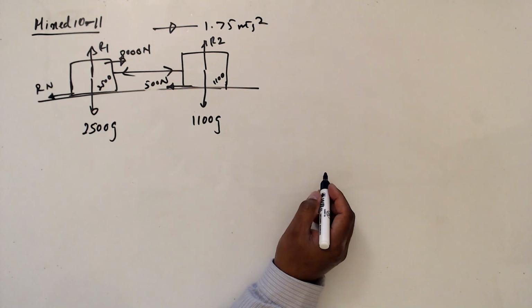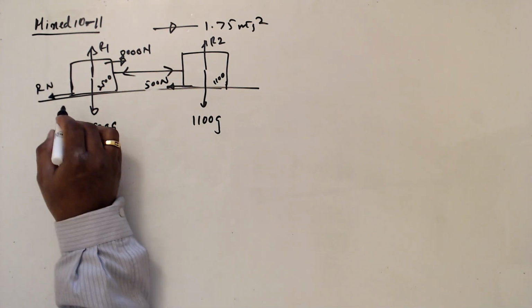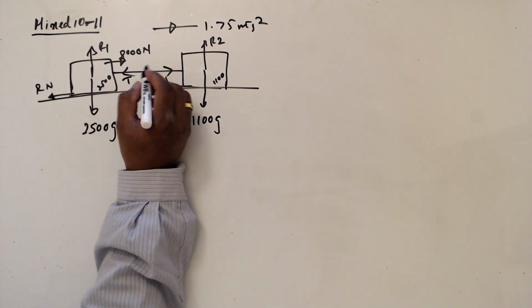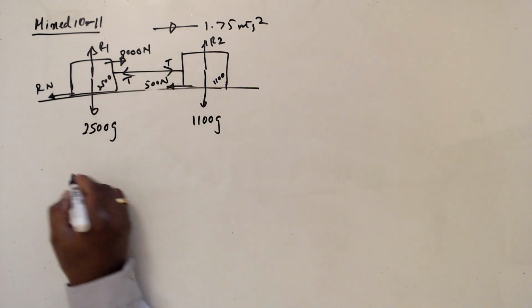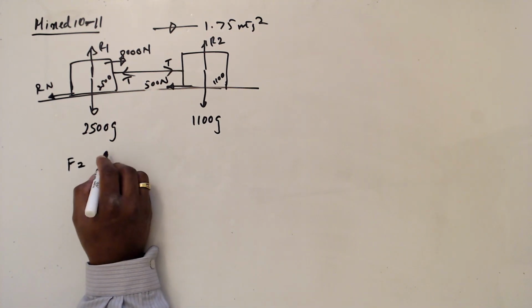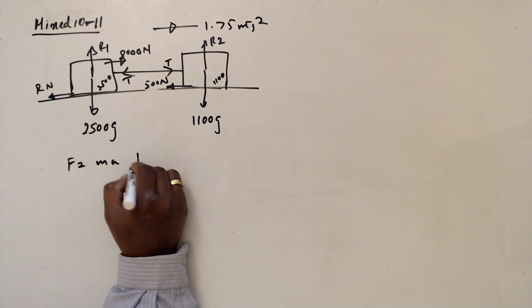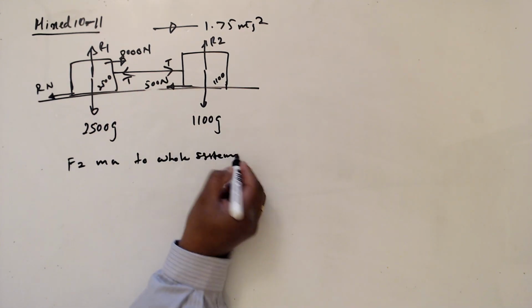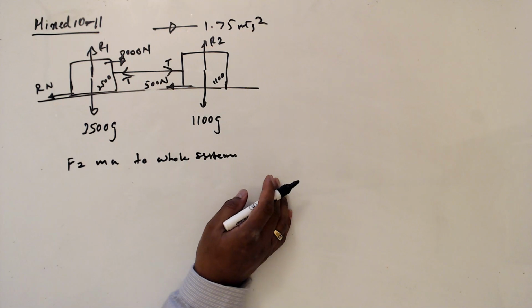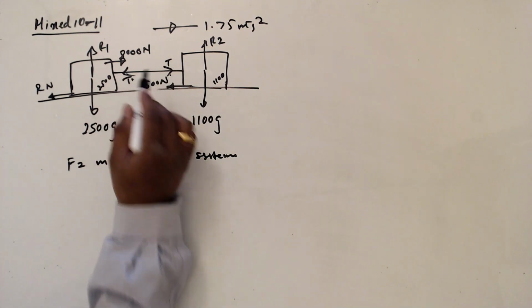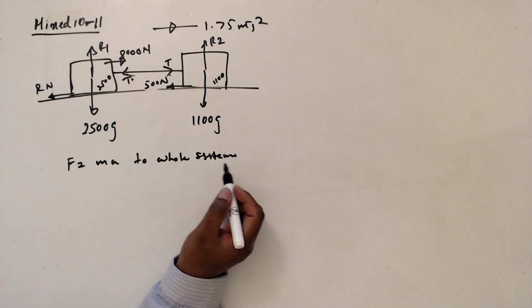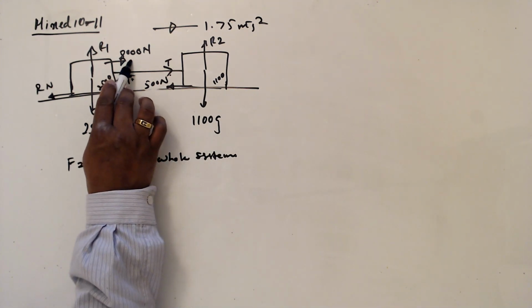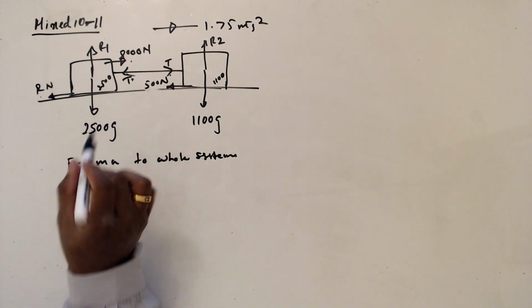Now the question is, show that the resistance to the motion R is 1200. I'll mark this as thrust T, and apply F equals ma to the whole system. So we will disregard the internal forces. Now we can see three forces: 8,000, R and 500.